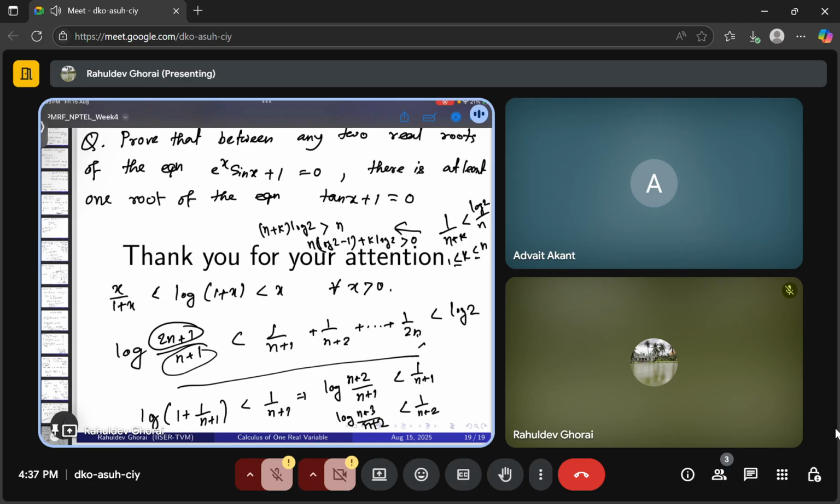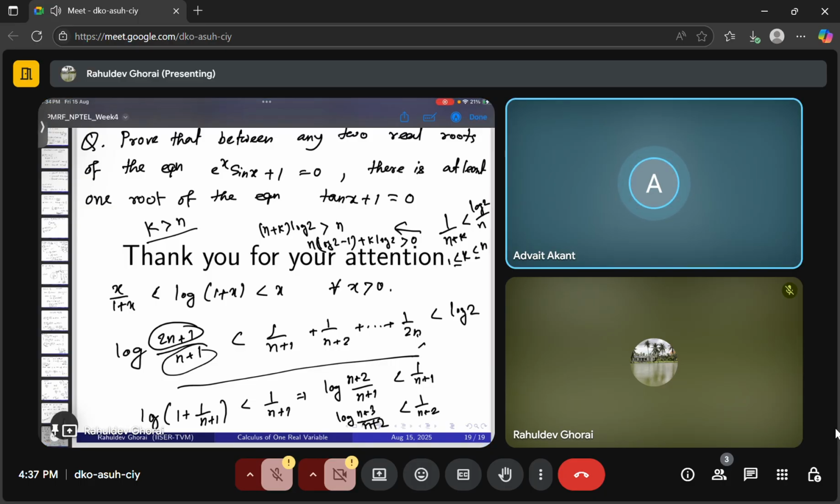Log 2 is 0.693 or something like that, right? I mean k is always greater than n, so this will be always greater than 0. I think it is like this, we can do it. I think I got it.